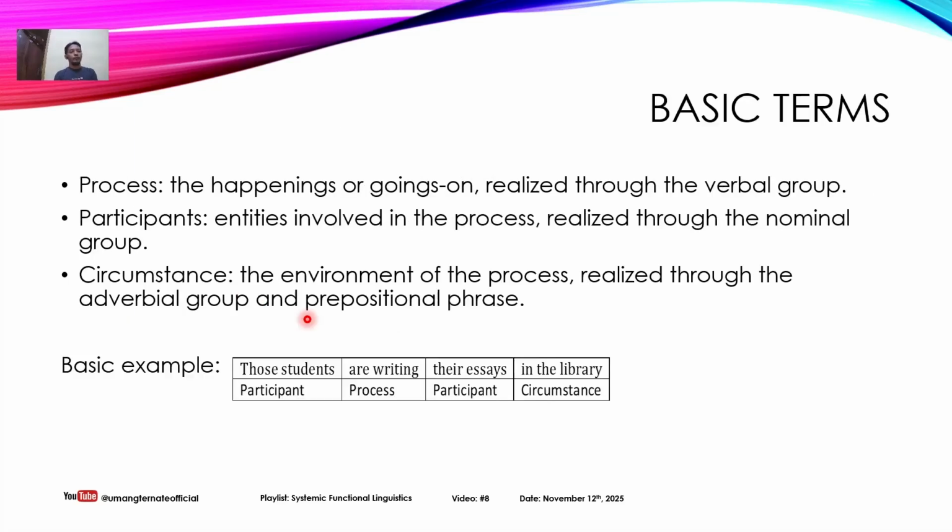All right. There are three basic terms in the transitivity system. The first one is the process, referring to the happenings or the goings-on, which is realized through the verbal group in the clause. Imagine that someone is telling you, trust the process.